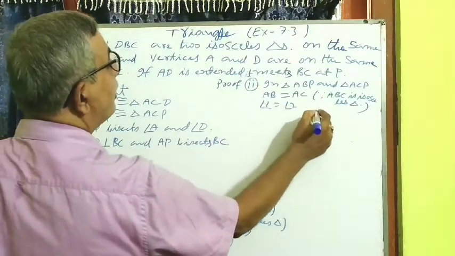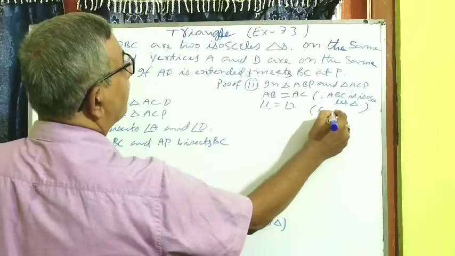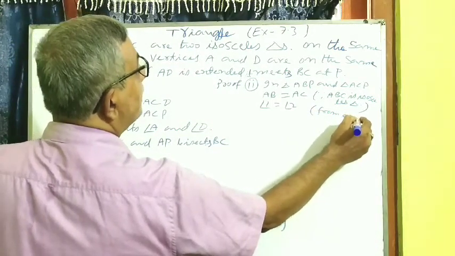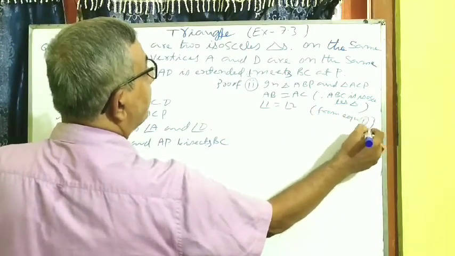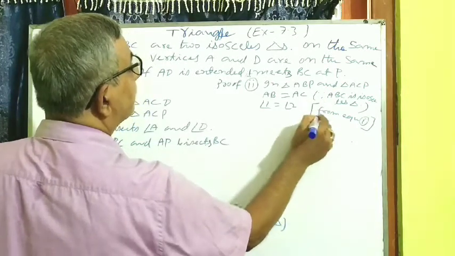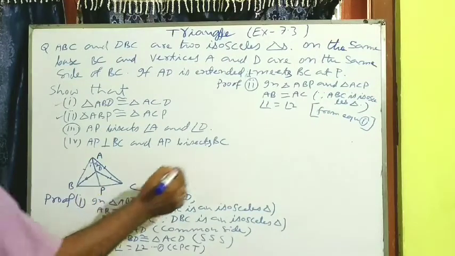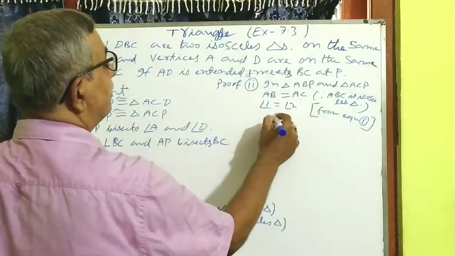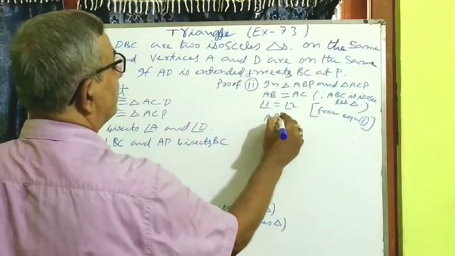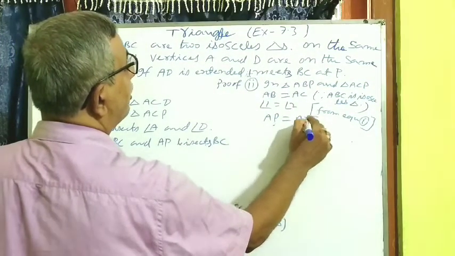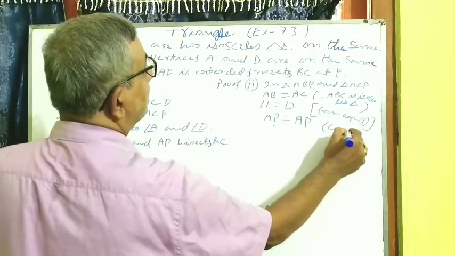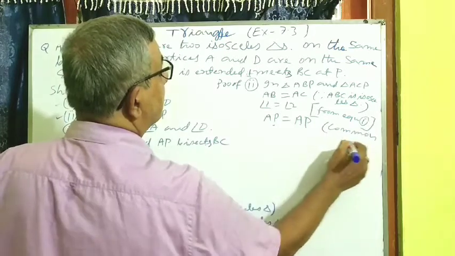Why? Why is it so? From equation 1. Okay. Now one more thing. AP is equal to AP, common side. Why is it so? Common side.